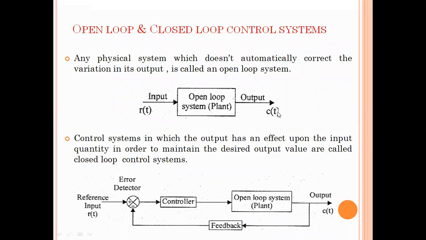But we cannot correct it; we don't have any control on the output because of these disturbances. We don't have any control of this output because this is an open loop control system. So the open loop control system does not have automatic correction. So we cannot correct the output that is affected due to the external disturbances.